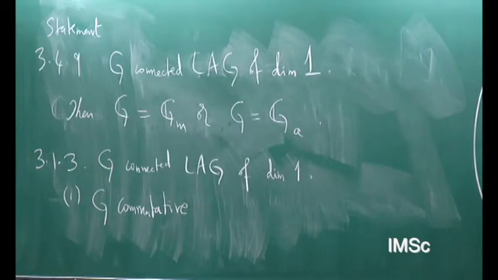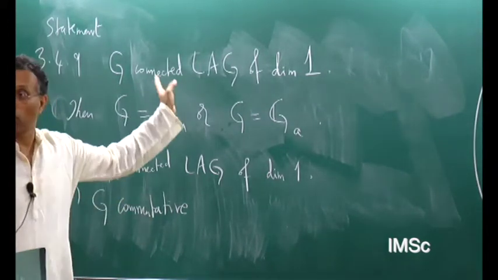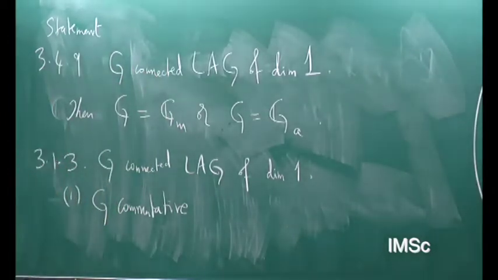I repeat, the proof was non-trivial, at least at the level of this class. There may come a time when people will quote this theorem as if it is an obvious statement, but the point is there is no simple proof of that.